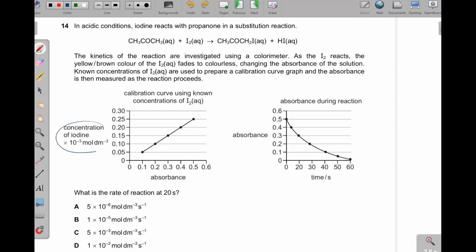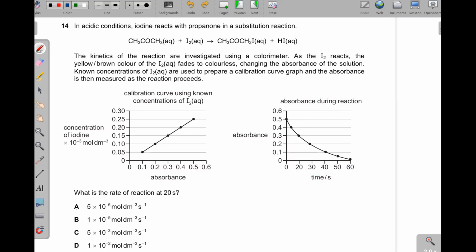Now, concentration is here, and then out of the time. But again, here we are also given the absorbance. The absorbance is dependent on the concentration. Okay, so what is going to happen here? We shall begin from here.